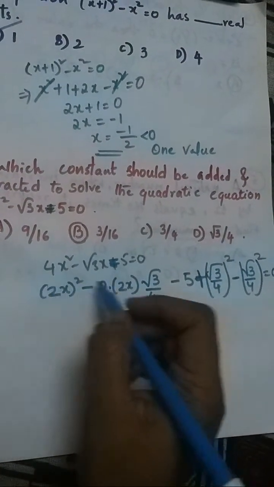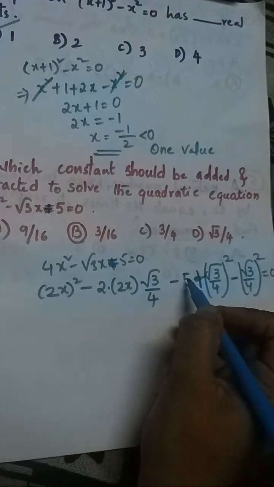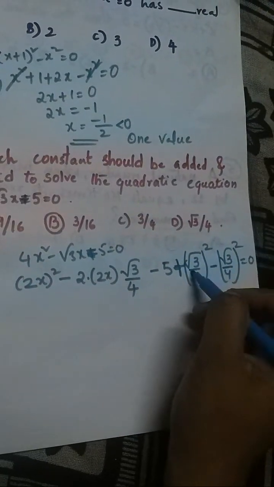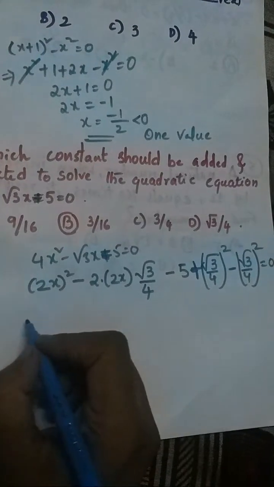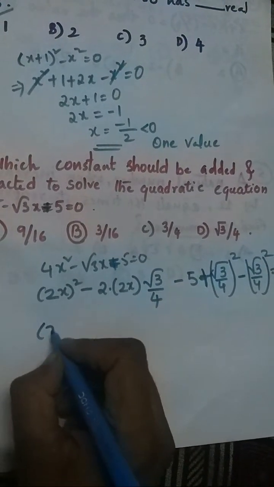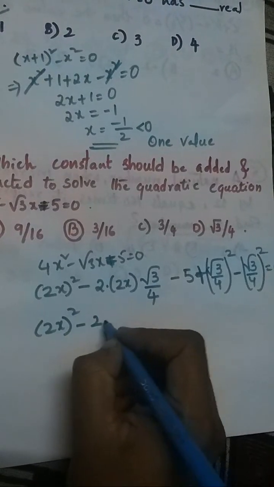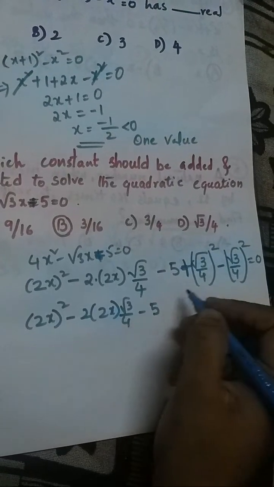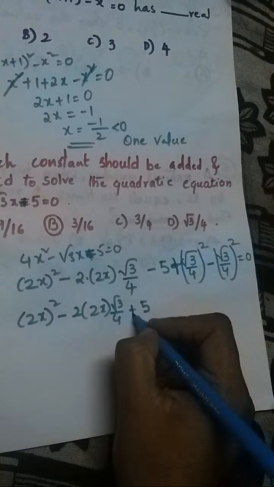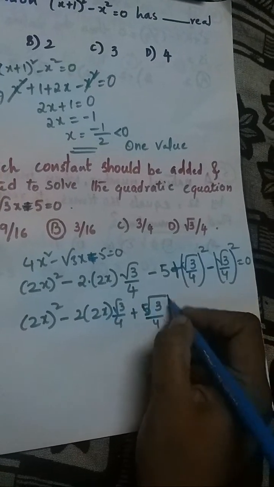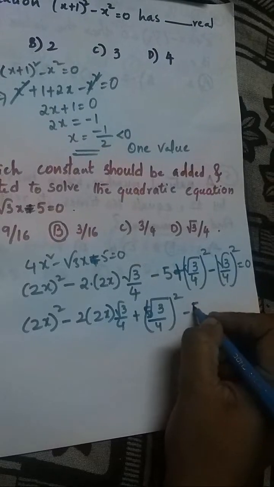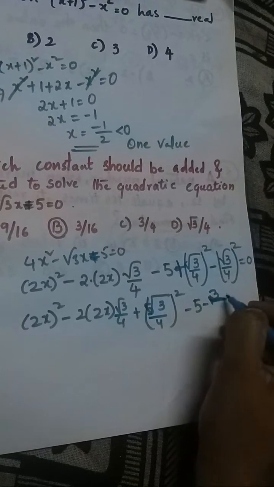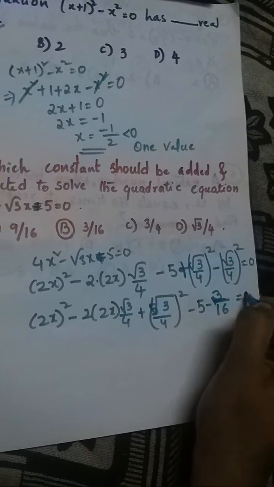2x squared is a squared, minus 2ab plus b squared, and minus 5 as it is I have written, and this is added and subtracted. So let us form this as a formula: (2x) whole squared minus 2 into 2x root 3 by 4, plus root 3 by 4 whole squared as b squared, and minus 5 minus root 3 by 4 squared, means 3 by 16.